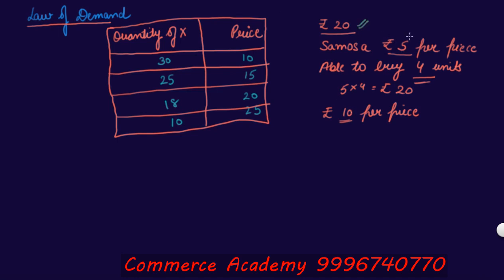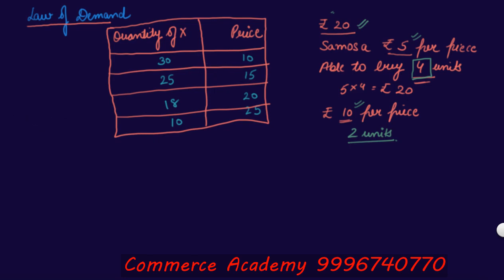Firstly, the price of the commodity was this, so you could buy only 4 units. Now the price is increased to rupees 10, your income is still the same, and so you will be able to buy only 2 units of that product, right? So this is how the law of demand works.